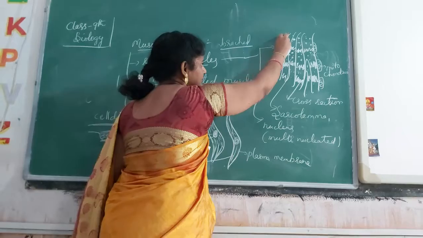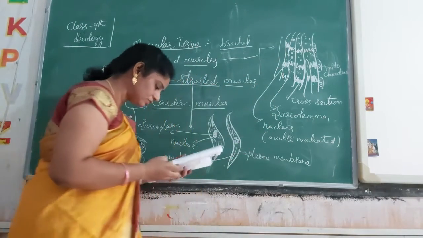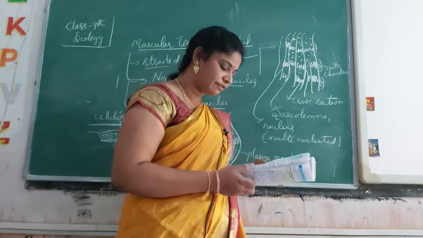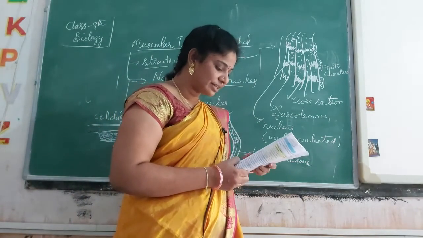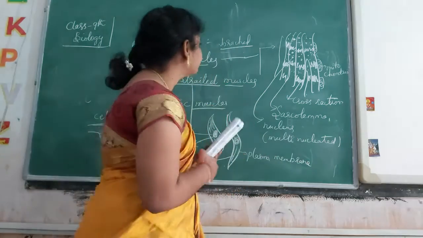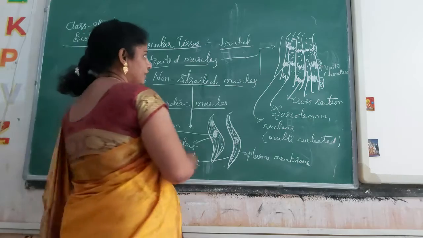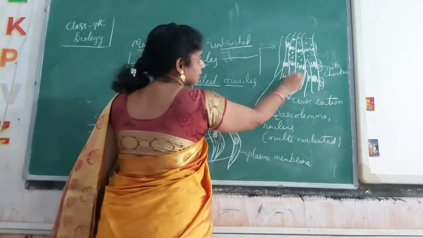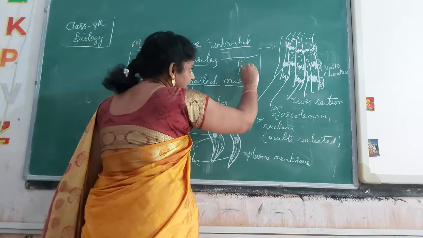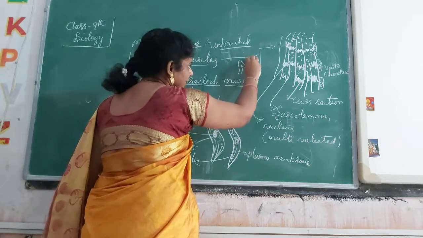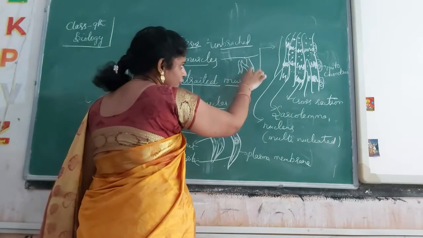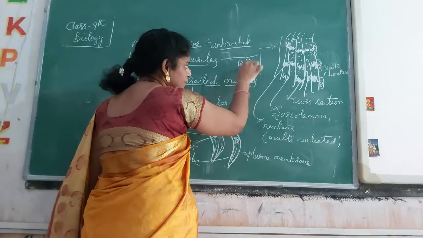Branched means one muscle is linked with another in this way, as in muscular fibers.